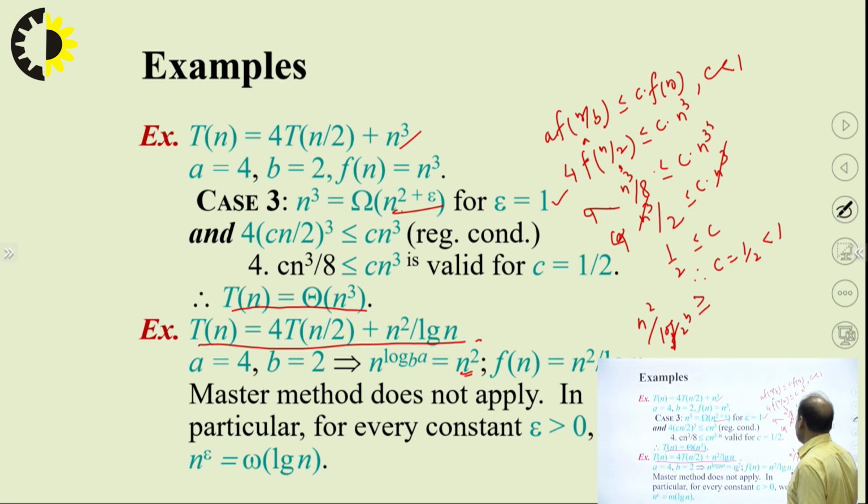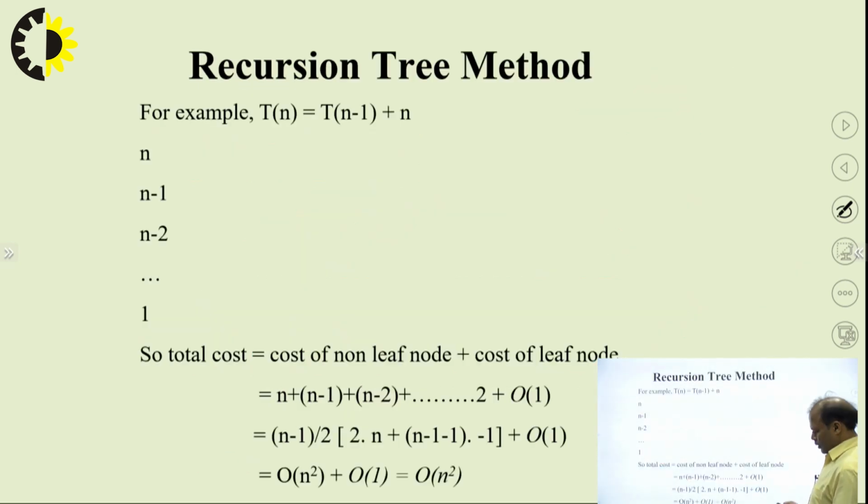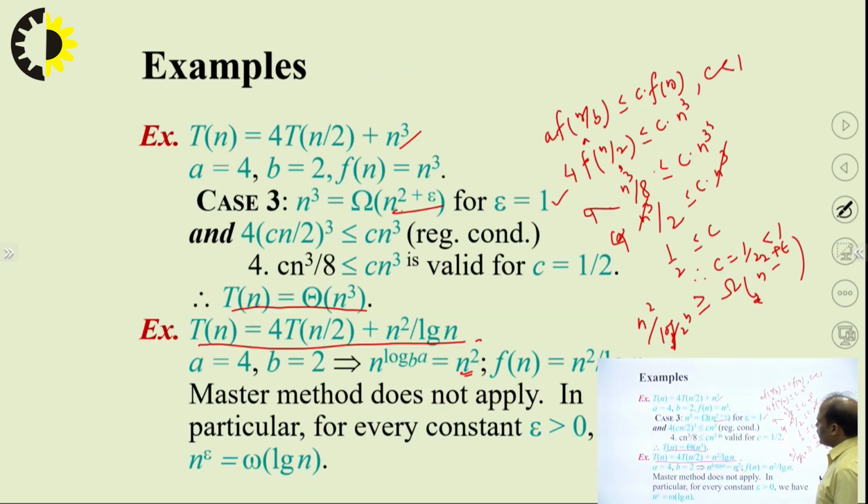So it should be big omega of n to the power 2 plus epsilon, which is not possible. So master method case 3 is not applied here. There are situations where none of cases 1, 2, 3 of the master method can be applied.